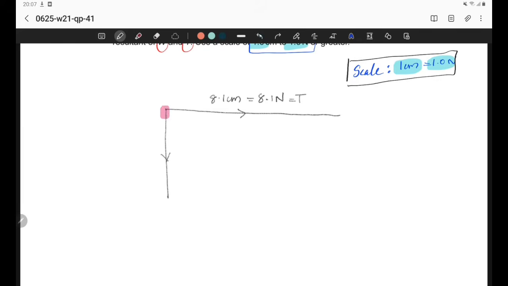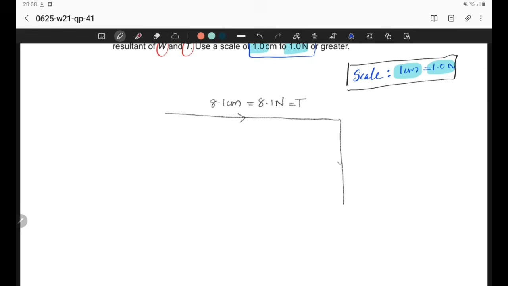When we are drawing, the head of one vector should connect with the tail of the other vector being added. So here we have to connect the weight at this side, and it should be 5.5 centimeter. You should take a ruler and make sure the length is 5.5 centimeter, which represents 5.5 Newton, and that is weight.